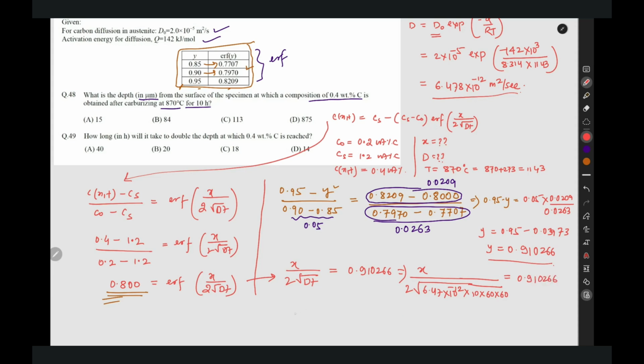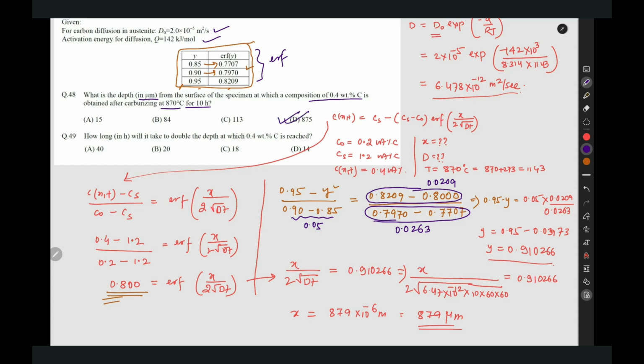Now after calculating we will get x equal to 879 into 10 to the power minus 6 meter. So it will be 879 micrometer. So from this we can see the nearest option is D. So option D will be correct for this question.